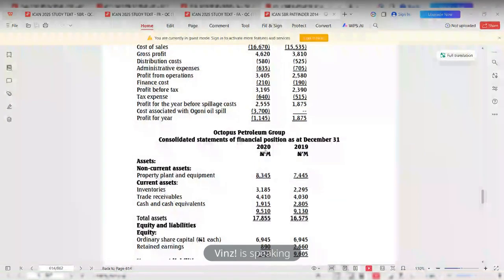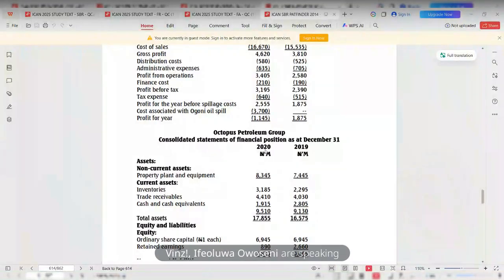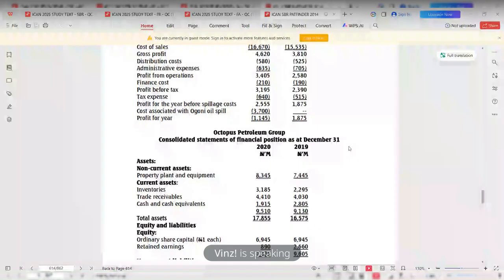What did you say? 34.1 basically. 2020, yes, 34.1%. Okay.